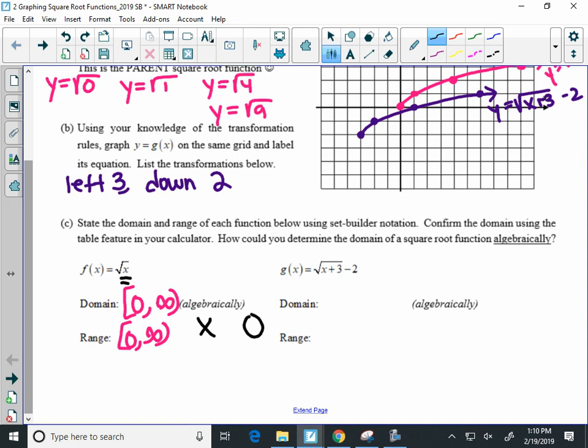I used an inequality, greater than or equal to 0, because all the x's that I put into this pink graph have to be 0 or bigger. That's the domain. Now normally I would solve that, but there's nothing left to solve. All right, does that inequality match the interval that we wrote over here? Yes.